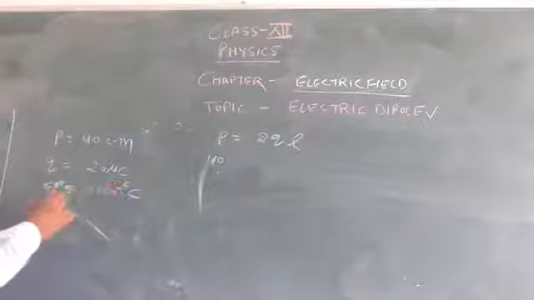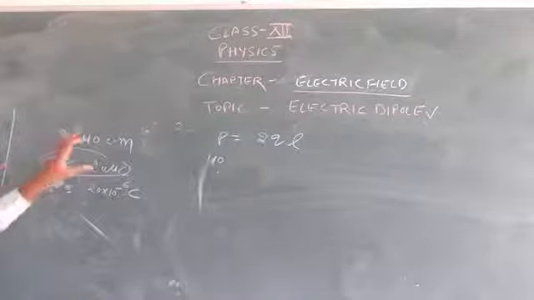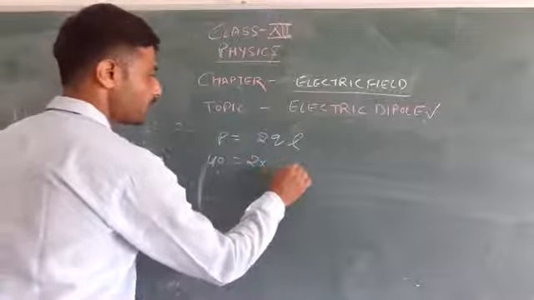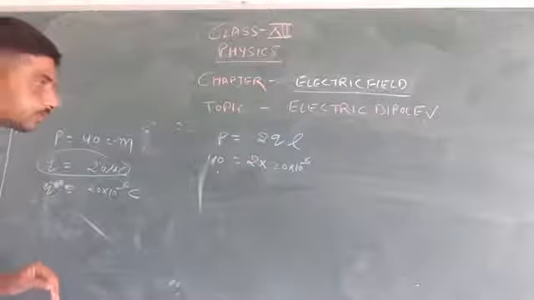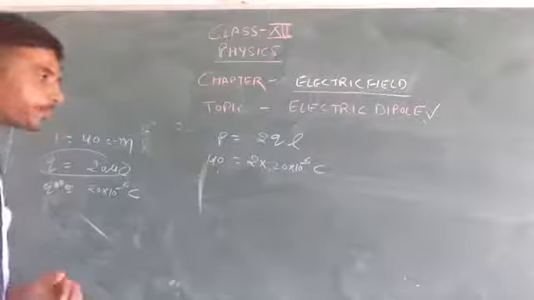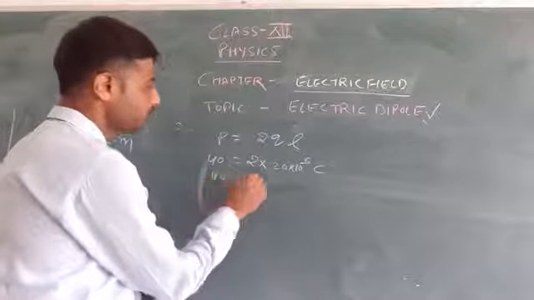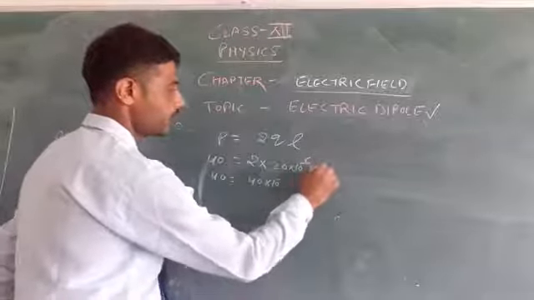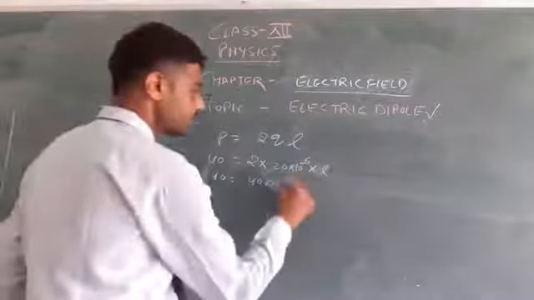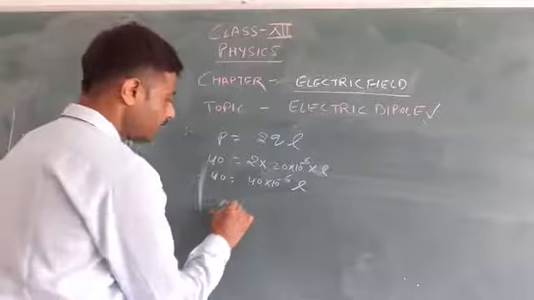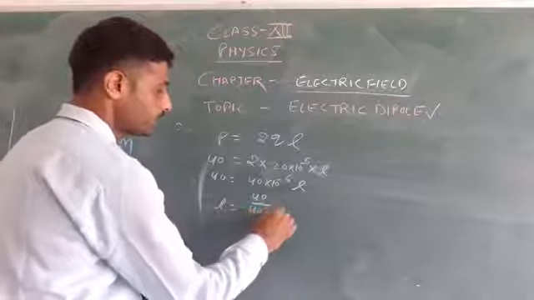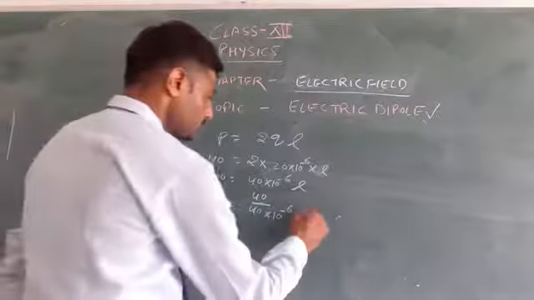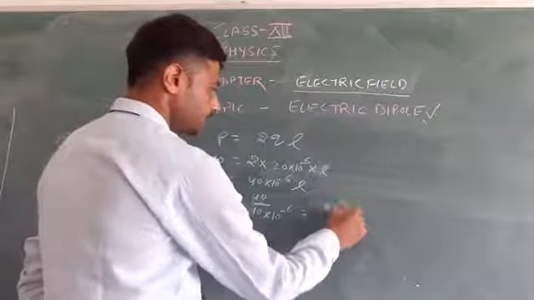But the charge is in microcoulomb, so we have to write 2 into 20 into 10 to the power minus 6 C. So 40 equal to 40 into 10 to the power minus 6 into L. So L equal to 40 upon 40 into 10 to the power minus 6. So 1 into 10 to the power 6.